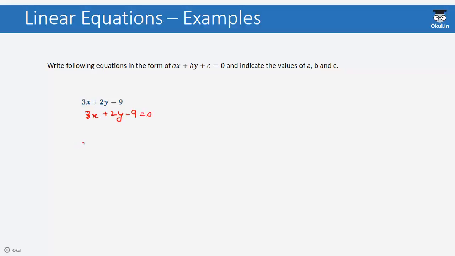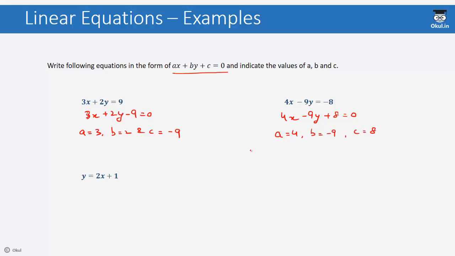On comparing the equation with ax plus by plus c is equal to 0, we get a is equal to 3, b is equal to 2 and c is equal to minus 9. The next equation is 4x minus 9y is equal to minus 8. Here again, on taking the constant term to the left hand side, we get 4x minus 9y plus 8 is equal to 0. On comparing, a is equal to 4, b is equal to minus 9 and c is equal to 8.